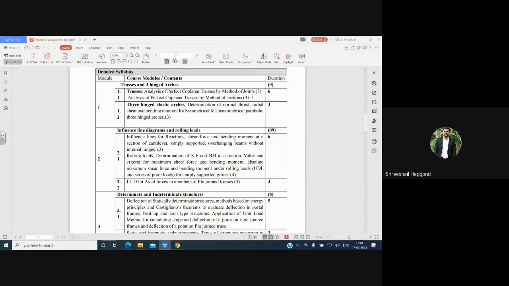We have completed coplanar trusses by the method of section as well as the method of joint. Now we need to draw the 3-hinge arches, and then we'll go for the influence line diagrams.